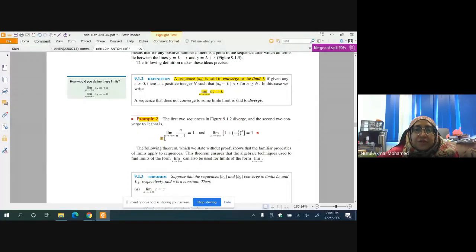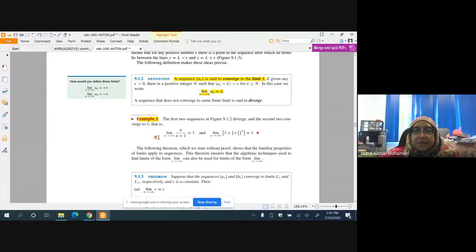If you substitute n tends to infinity here, you will get infinity over infinity. And of course, you are already familiar with the L'Hopital rule. Then you apply L'Hopital rule, you differentiate the denominator as well as the numerator. You will get 1 over 1 here. So the answer will be 1.